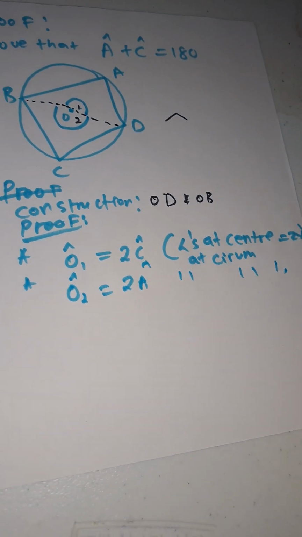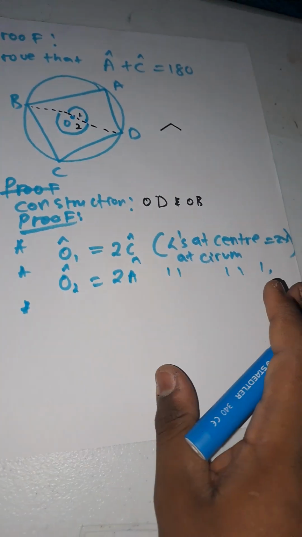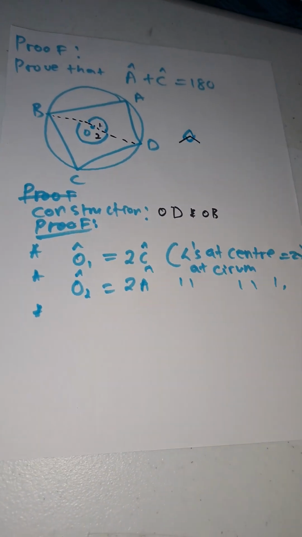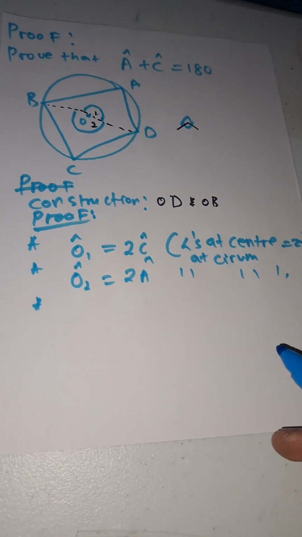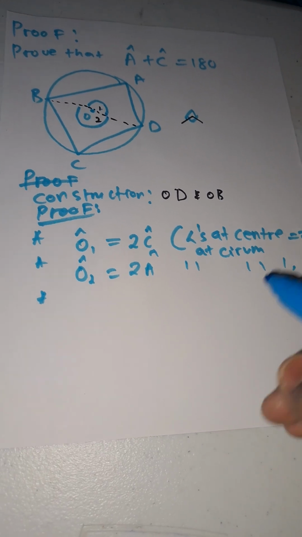Same reason. Okay, so now let's continue, because this line is the one that is helping me to prove all that. Now I can say angle O1 plus angle O2 equals 360, angles around a point.